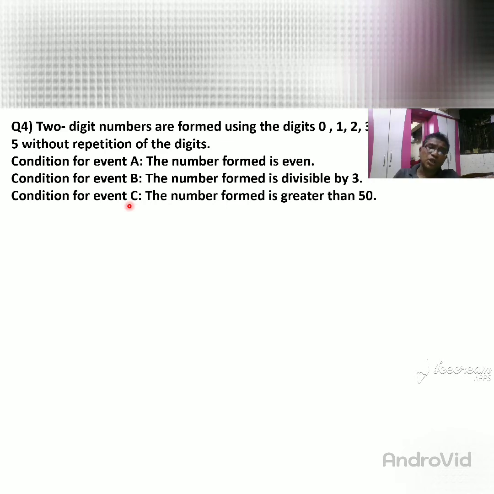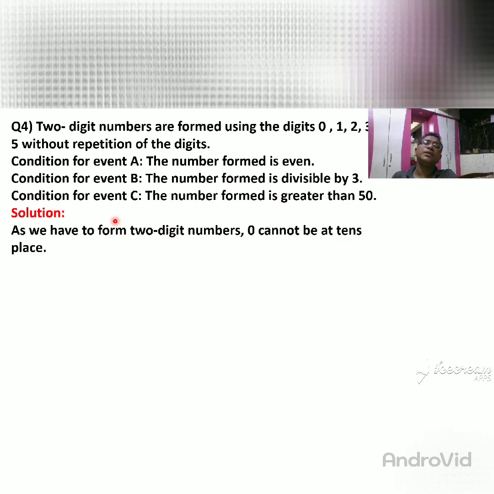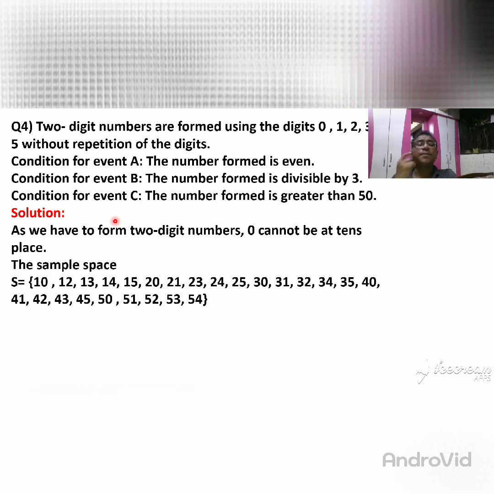We will see these events one by one: first A, afterwards B, and then C. But to see these events, first you must write the sample space.